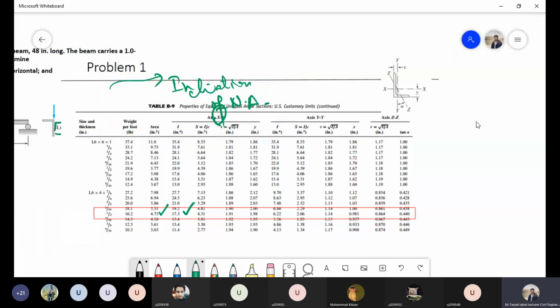Now you have to be very careful while selecting the values from the section table. For example, in every table it will provide you with the standard values. It says that this is my x-axis and this is my y-axis. In some cases, you might also see that it says this is the z-axis and this is the y-axis.